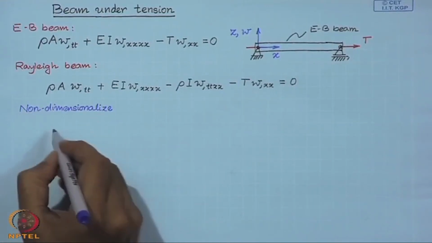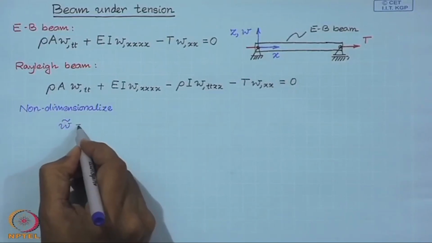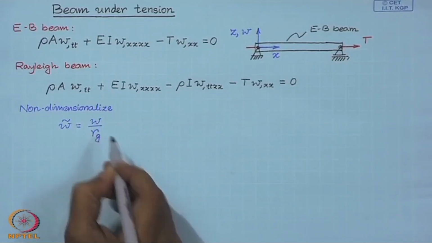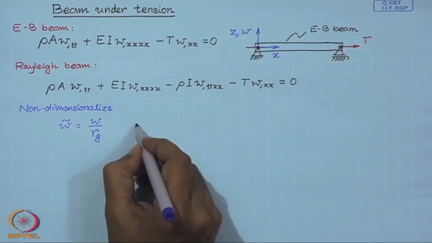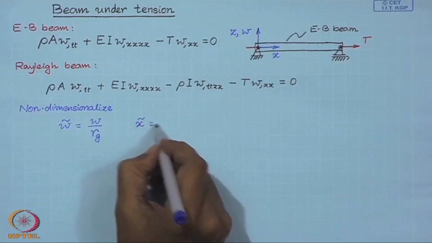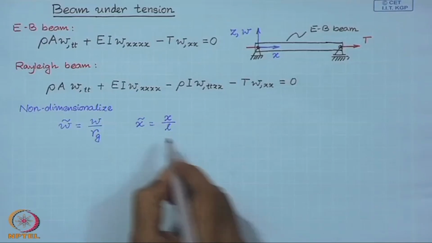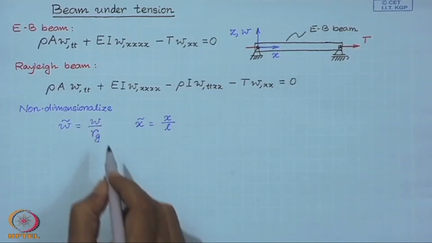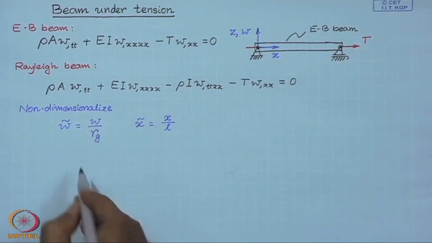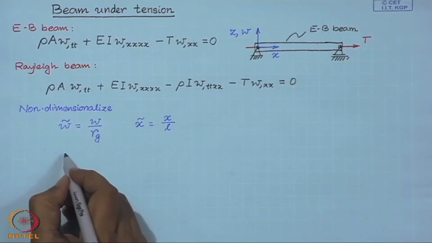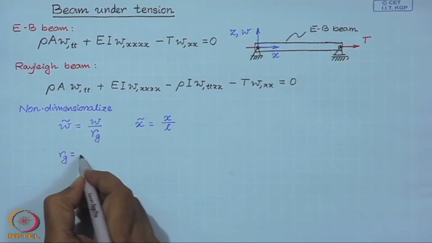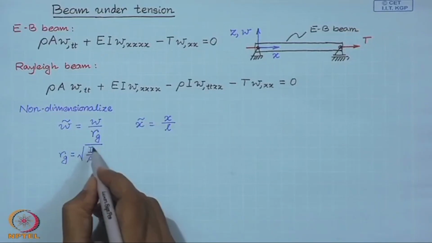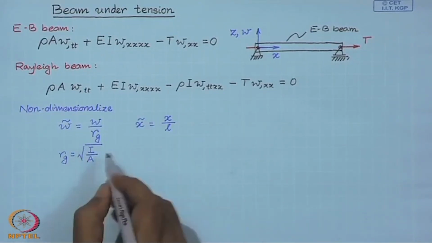So, if you do this non-dimensionalization using this scheme, the spatial coordinate is non-dimensionalized with the length, whereas the field variable is non-dimensionalized with this r g, which is the radius of gyration, which is defined as the square root of the second moment of the area divided by the area of cross section.